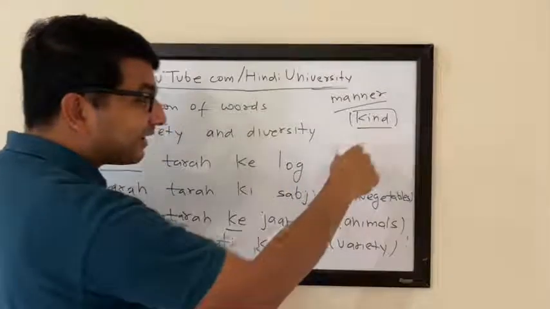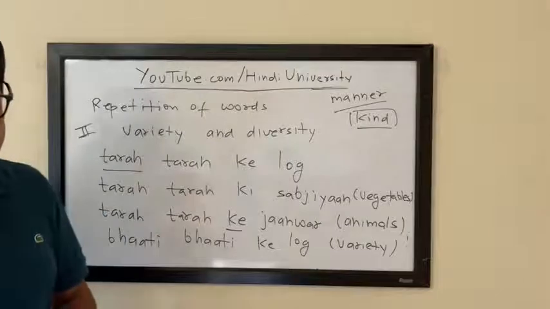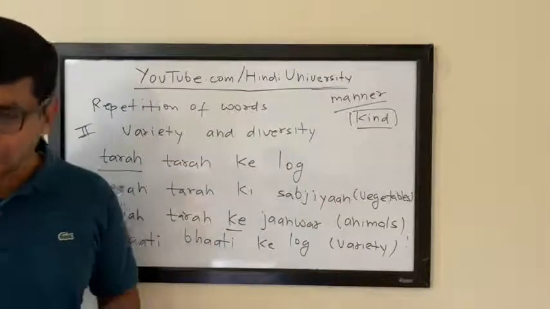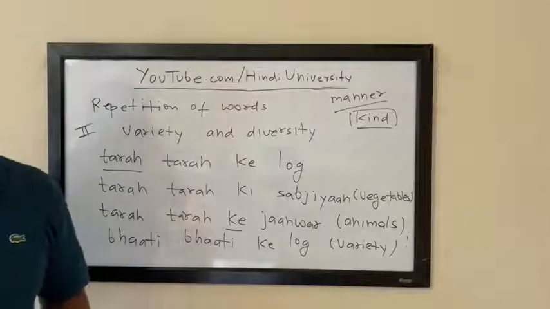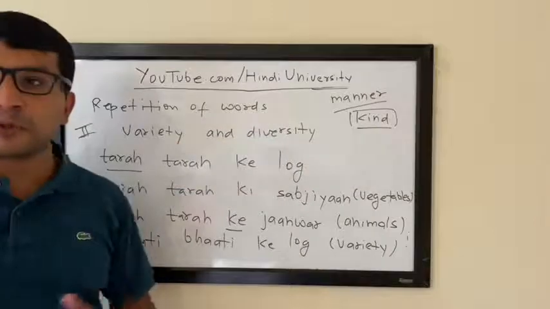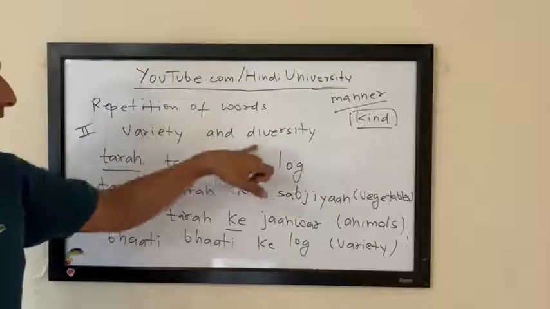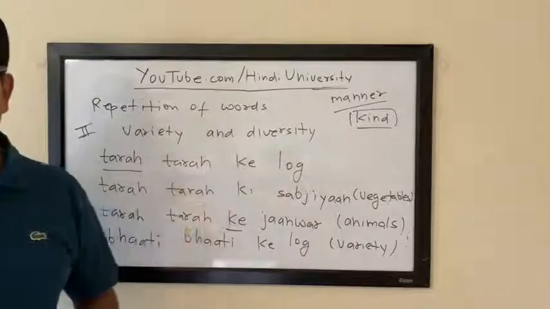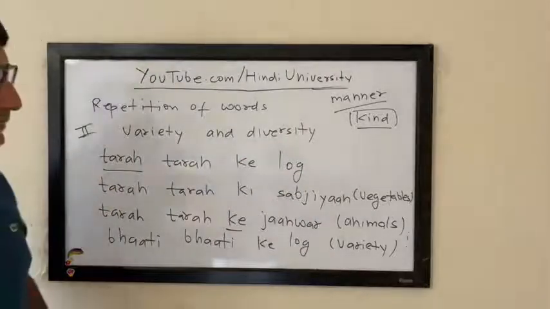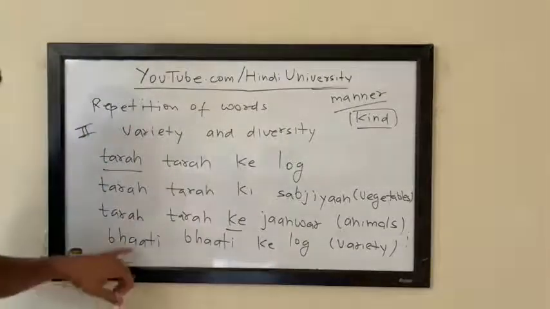When I heard this word kind, I thought like I am a kind person, but you didn't mean that kind. You meant different kinds of ice cream. Yeah, that's right. Then you are absolutely right. Somehow I understood tara to mean kind, like a kind person, but if you mean variety and diversity, you're absolutely right. So that makes sense, because tara is like different kinds of people, different kinds of vegetables. So what is the one that Amritesh gave? Bhati. What is that?